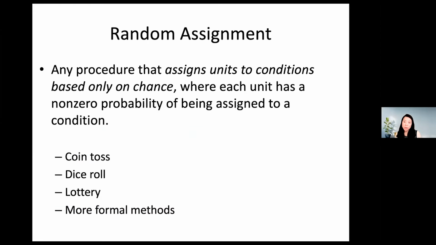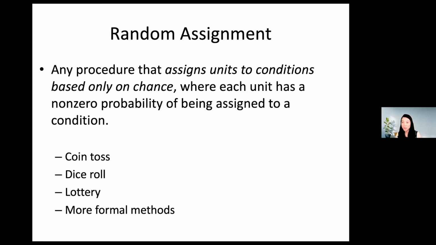So in order to really capture the causal impact, one critical step is to randomly assign one group to receive glasses and the other does not. There are many ways you can randomly assign, including you can toss a coin, heads or tails, you roll a dice, or you do a lottery.